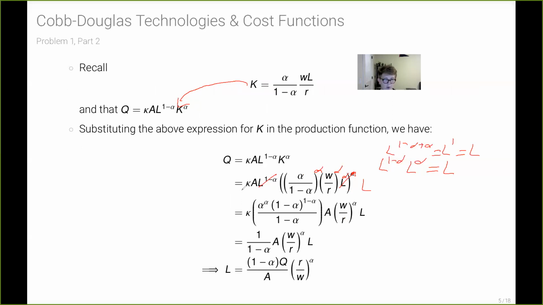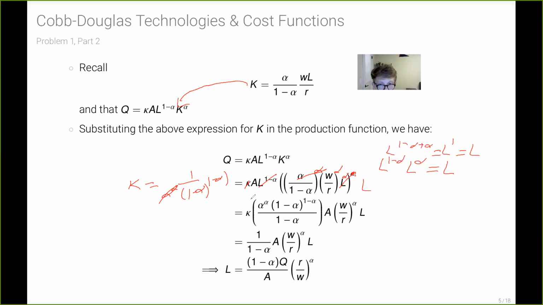So what we want to remember here is that kappa is equal to 1 over alpha to the alpha times (1 minus alpha) raised to the 1 minus alpha. So a couple of things. First, this alpha to the alpha is on the bottom, and this alpha to the alpha is on the top, so we can cancel those out.